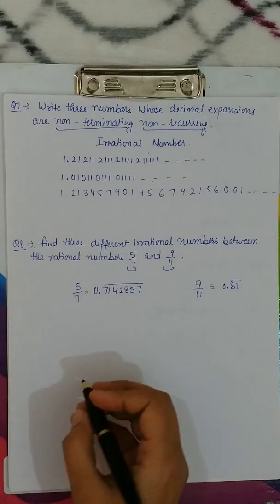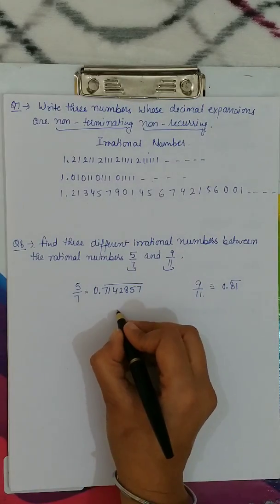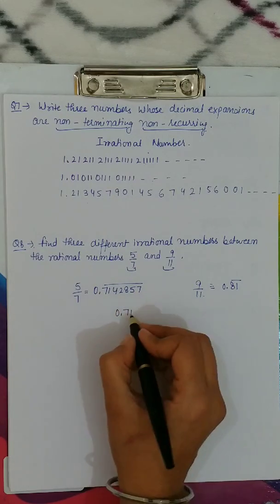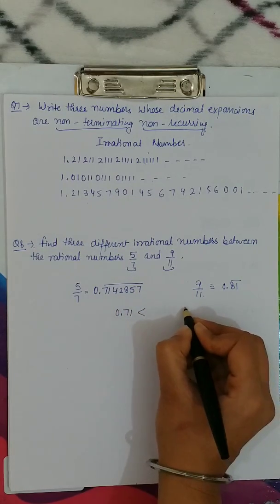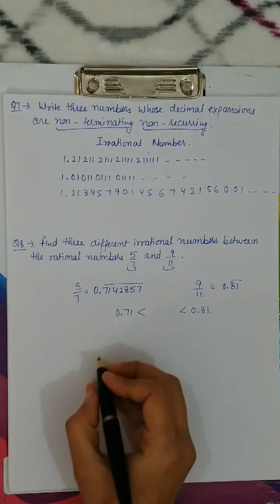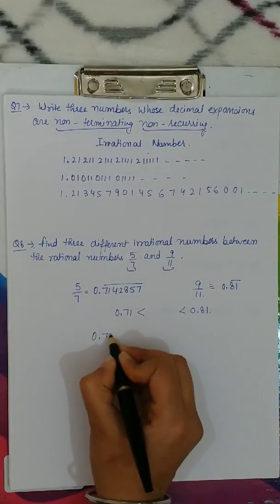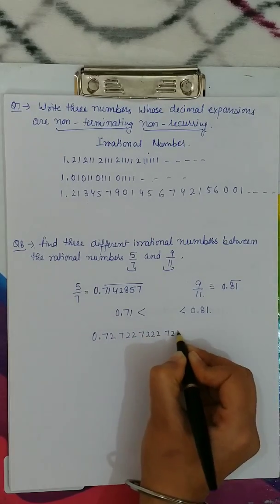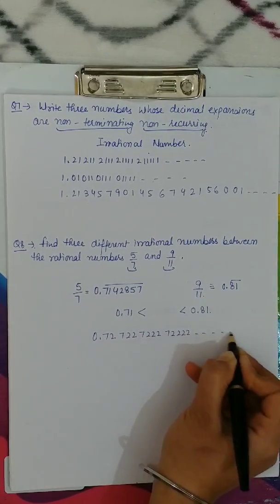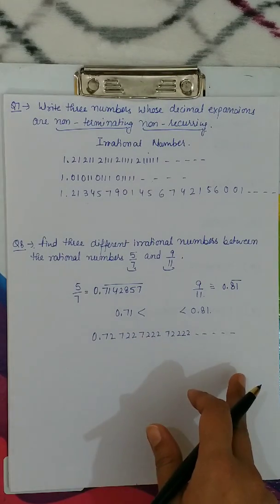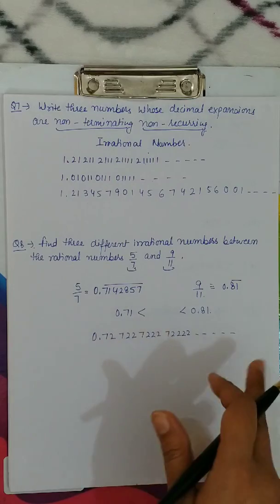It means we want irrational numbers which are greater than 0.71 but less than 0.81. So write down any number. I can take it as 0.72, 722, 7222, and so on. Only the condition is it should be non-terminating and non-repeating.